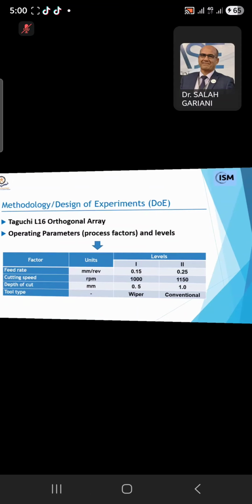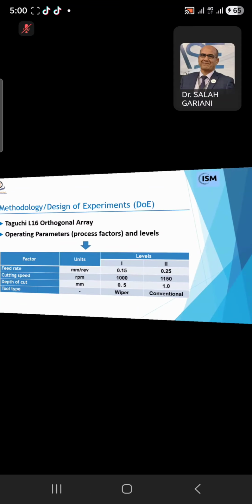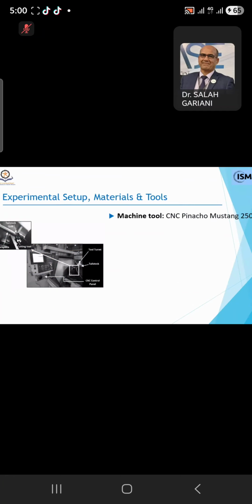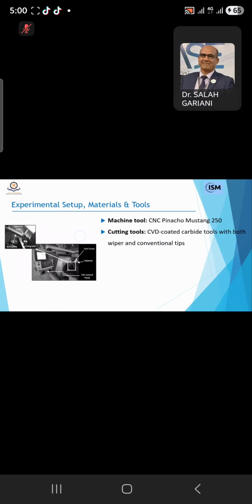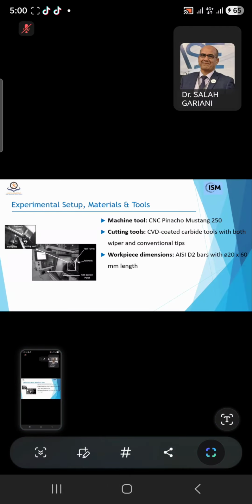For the experimental setup and materials, we used a CNC machine tool for the experimentation. The cutting tool is a CVD, chemical vapor deposition coated carbide tool, for both wiper and conventional tips. The workpiece dimension was 20 millimeters in diameter and 60 millimeters in length.